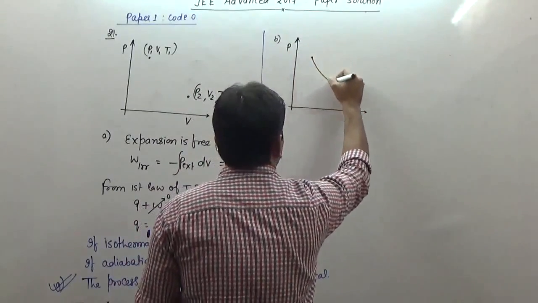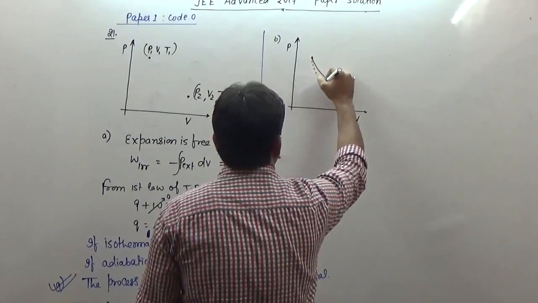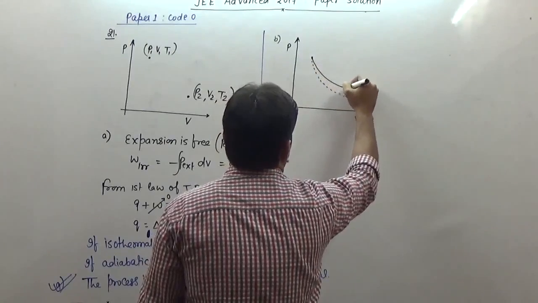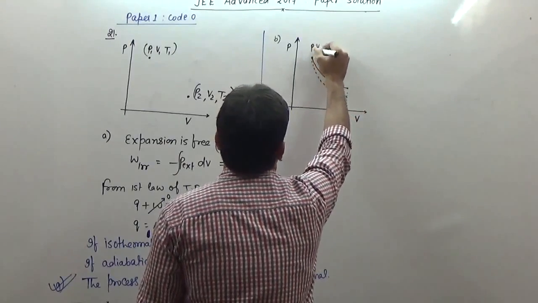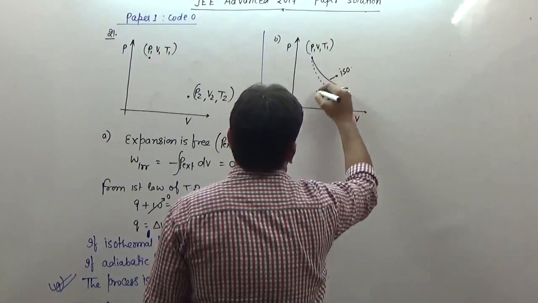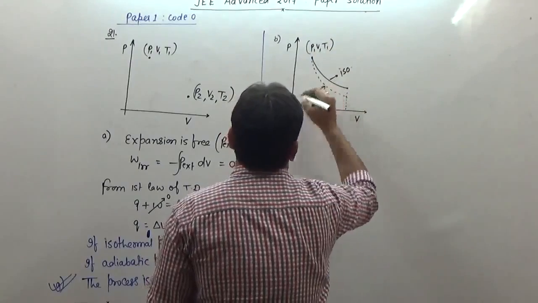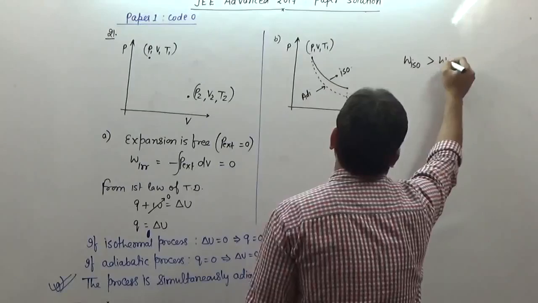If we do expansion from P1 V1 T1, this is isothermal and this is adiabatic. You can easily know that W isothermal will be greater than W adiabatic.